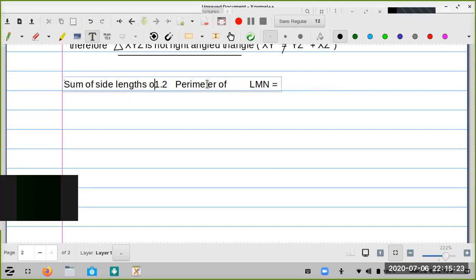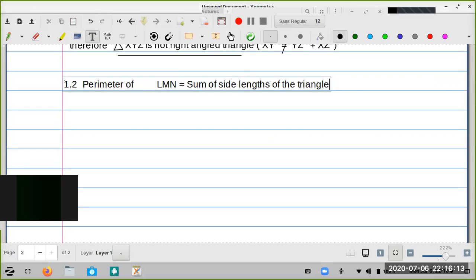1.2, the perimeter of a triangle is equal to the sum of the side lengths, or the sum of the three sides of the triangle.